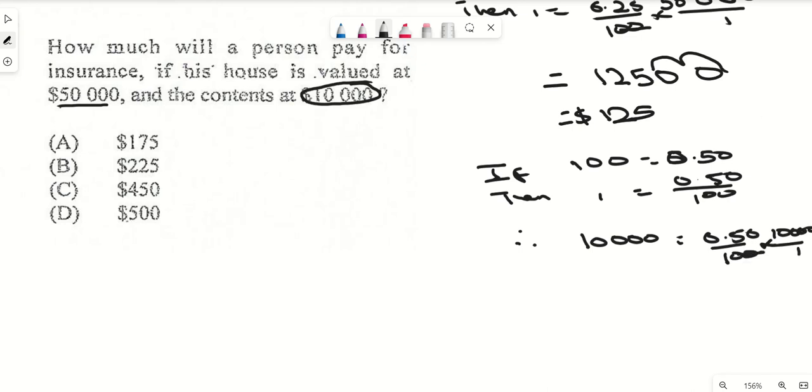Right, you cross out the two zeros, you get 100 by 0.50. Remove the decimal point. 100 by 50 is 5, 0, and 2 zeros. Right, but then you have to shift your decimal point 2 places back. 1, 2. Right, so it is $50. So it would be 125 plus 50, which is 175, and that is your answer there.